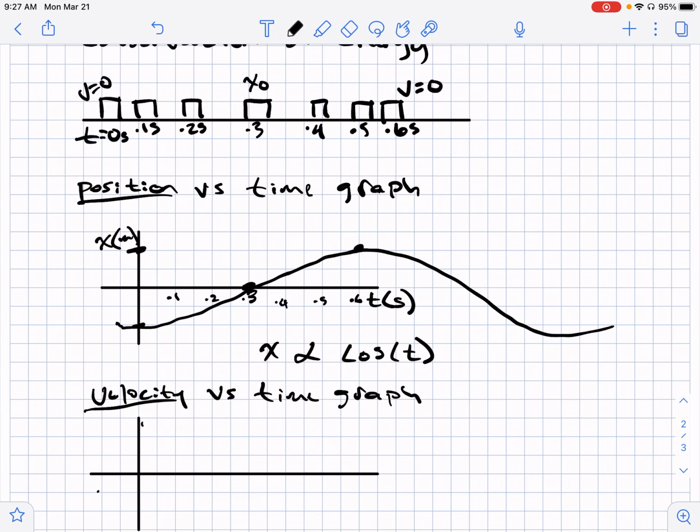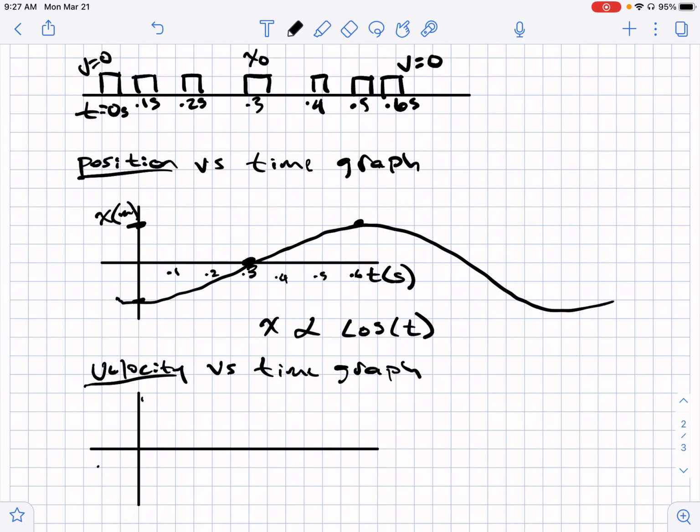So we can go on our velocity time graph and say, okay, this is velocity, this is time. We're going to start at 0, so we'll put a dot there. And let's label this 0.1, 0.2, 0.3. We're going to be back at 0 right here.